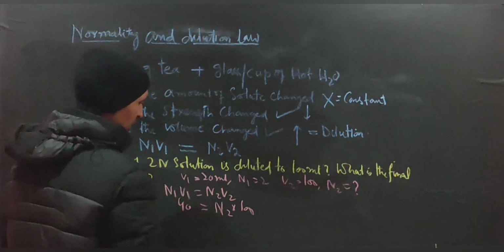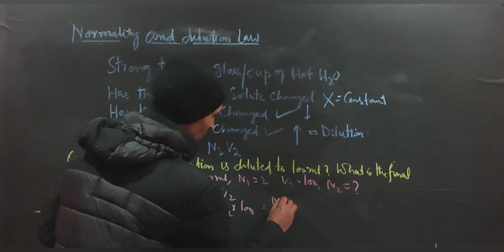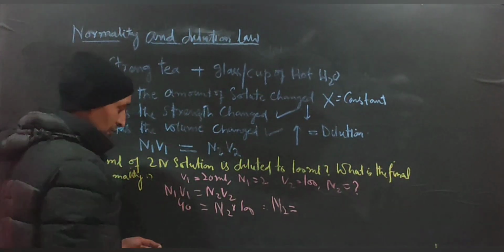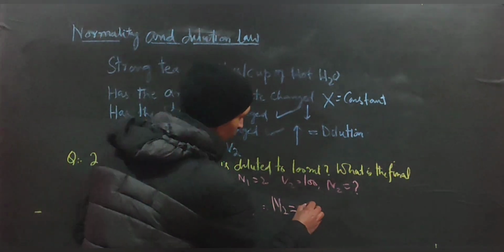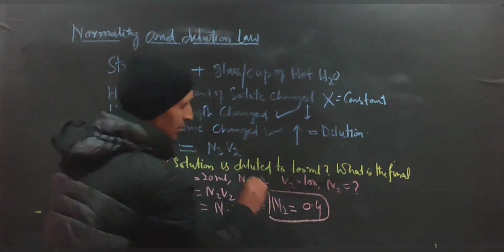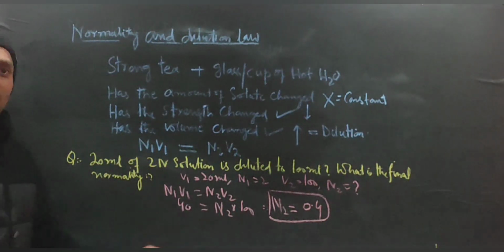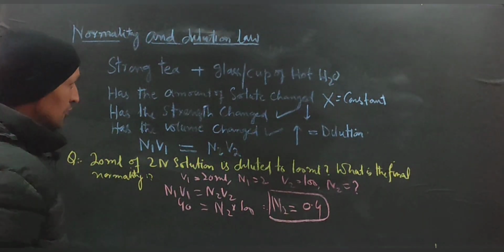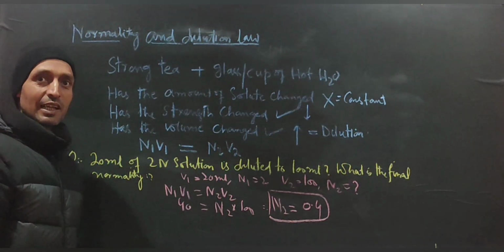So N2 will be equal to 40 divided by 100, that's 0.4. Simple. This is how we apply the dilution law to calculate these exam-oriented numericals.